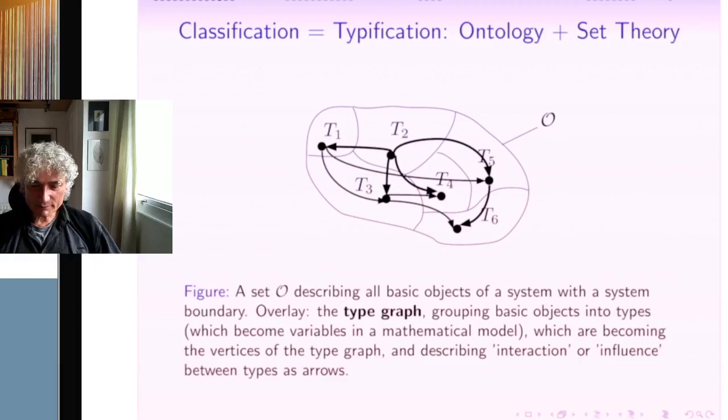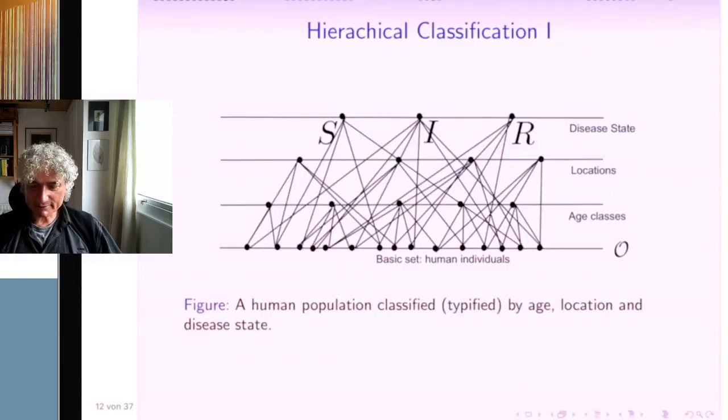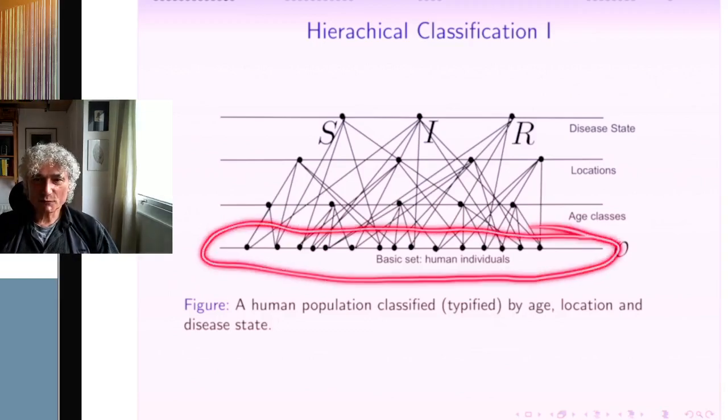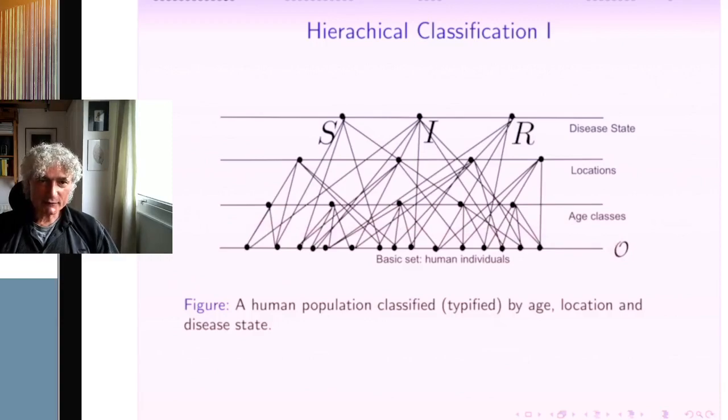So, for example, we had this hierarchical classification of a human population. So you have here on the lowest level all the individuals of a human population. Then you can characterize the human population by age classes, and you can see that different individuals from the basic set form different age classes.